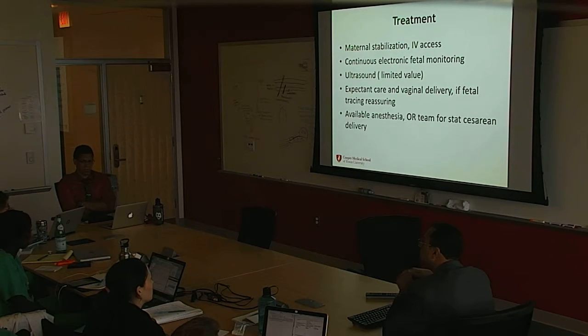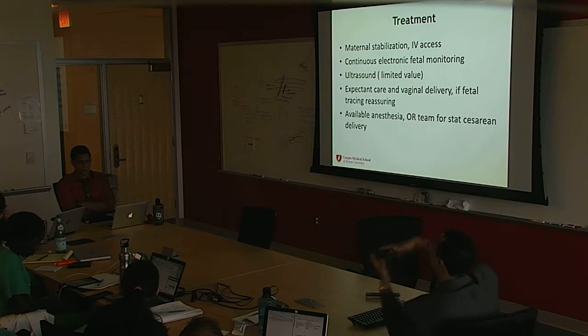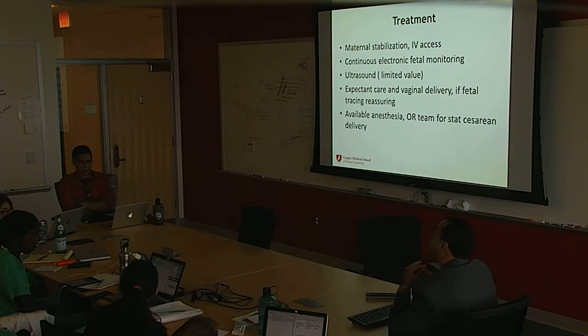With all that blood that's pooling in between for the placental abruption, the concealed one, will there be a decreased function in the placenta, like in terms of gas exchange? Sure.